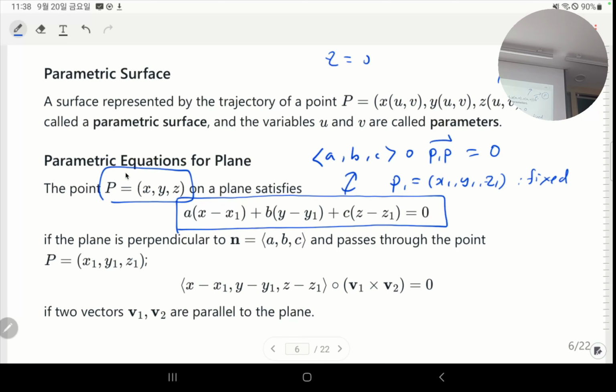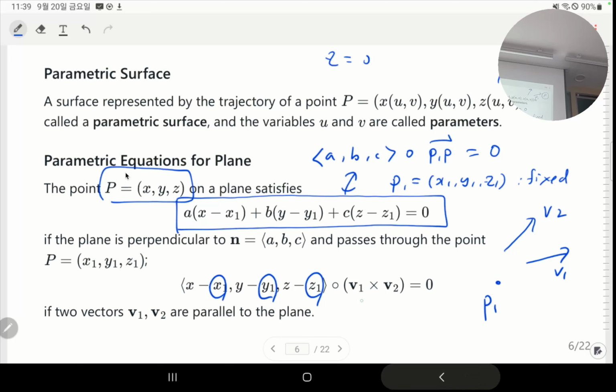So you can do a similar thing with another set of information. If you have a point P1, whose coordinates are x1, y1, and z1, and you know two vectors, v1 and v2, which are parallel to the plane, then you can find the perpendicular vector ABC by taking the cross product of v1 and v2.